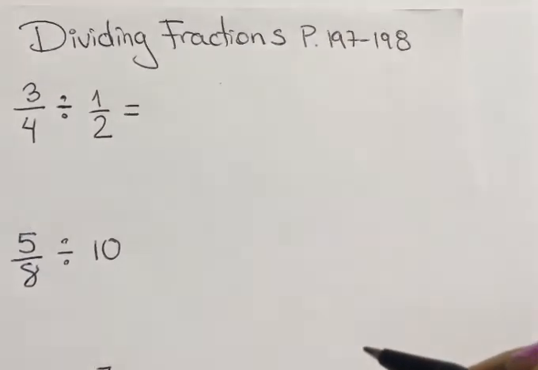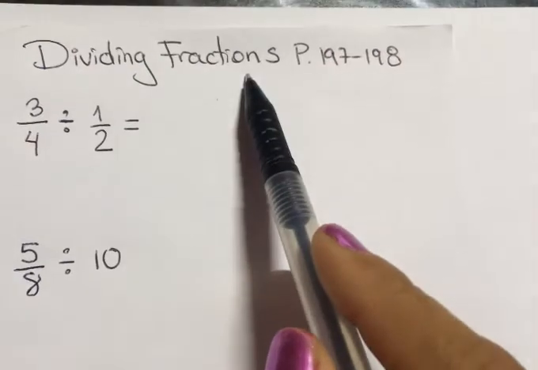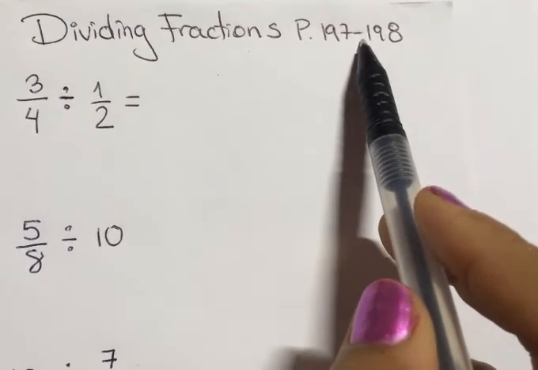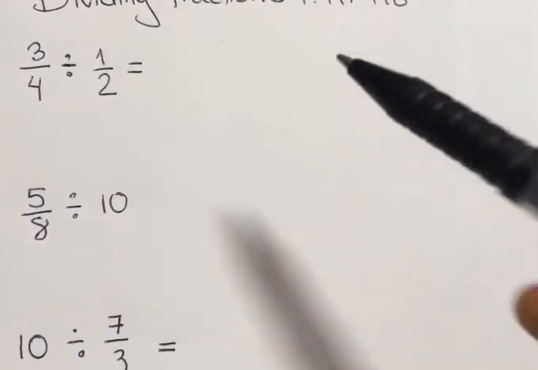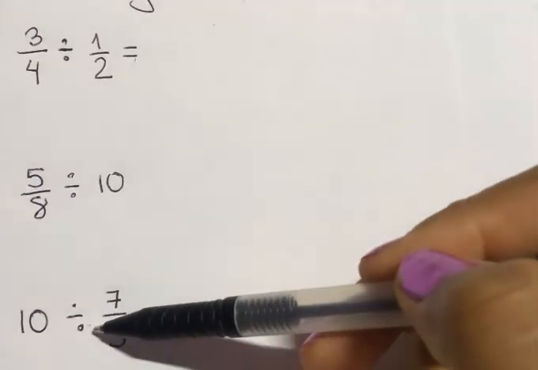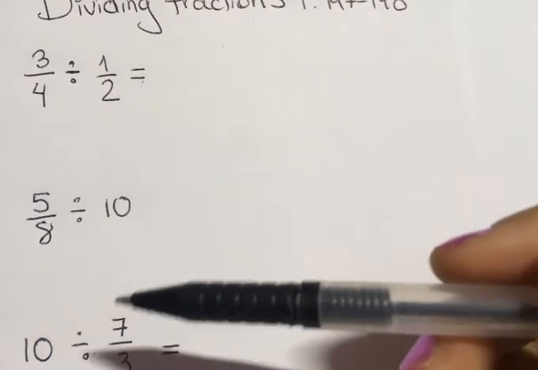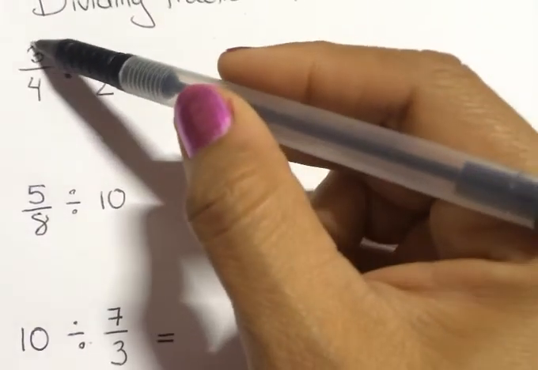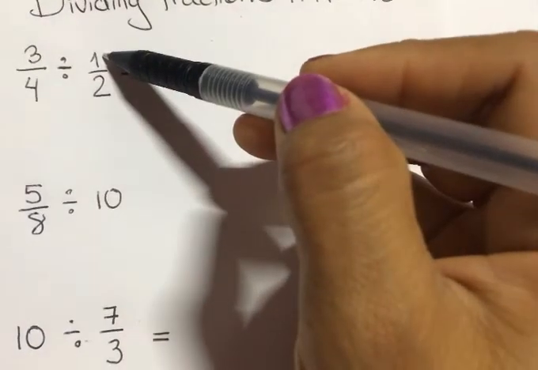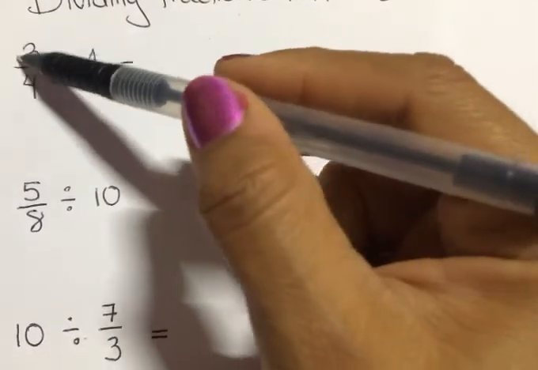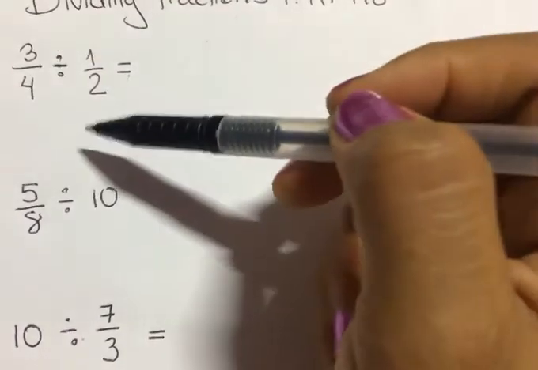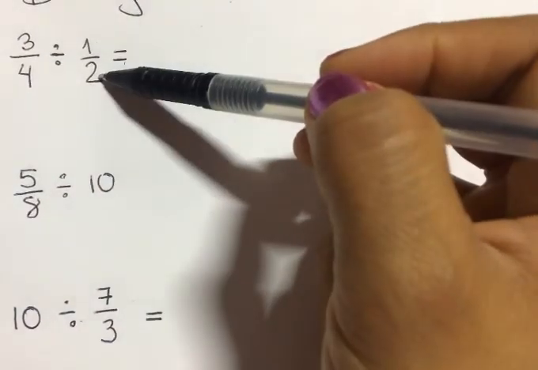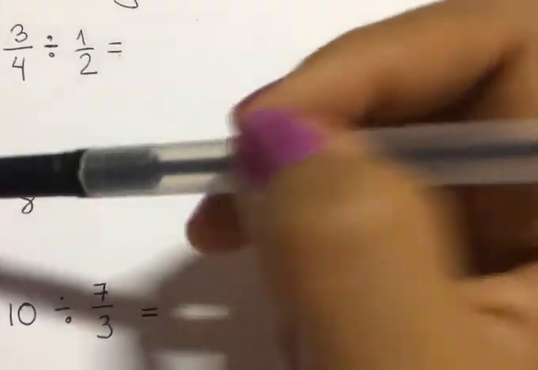Okay, this is how to divide the fractions on pages 197 and 198. I have 3 different problems, and I'm going to show you how to solve this first problem. Remember, first, how to turn a division into a multiplication. In order to divide a fraction, you need to rename this whole expression as a multiplication. How to do this?